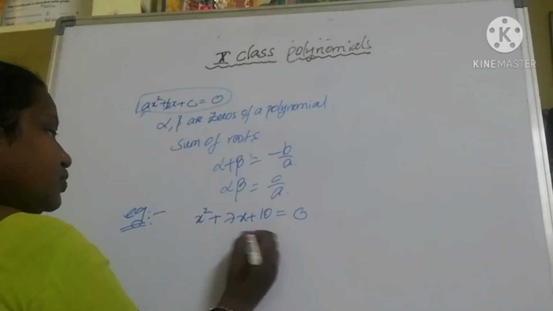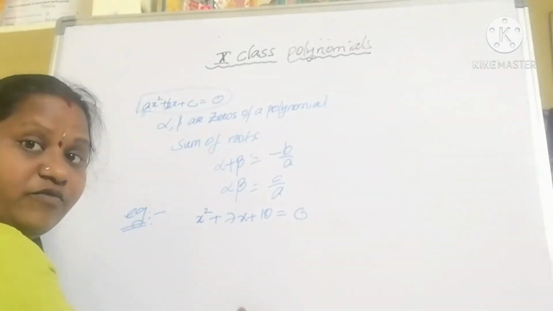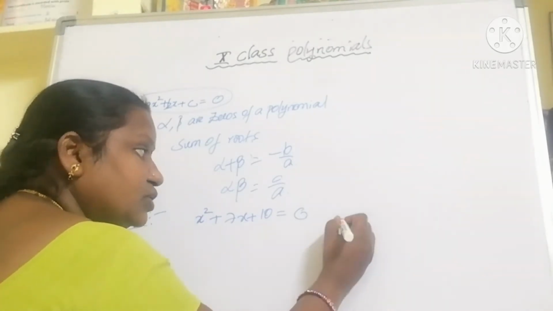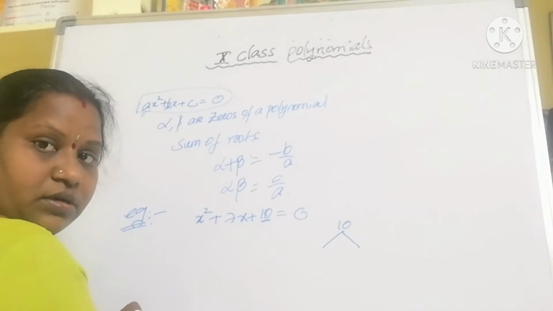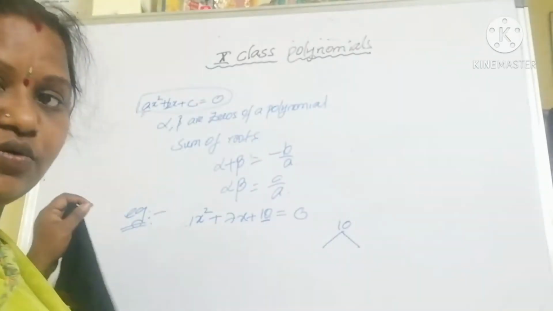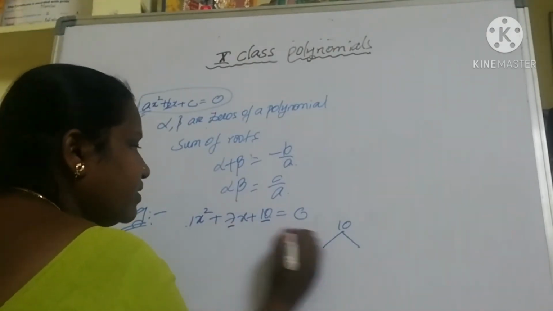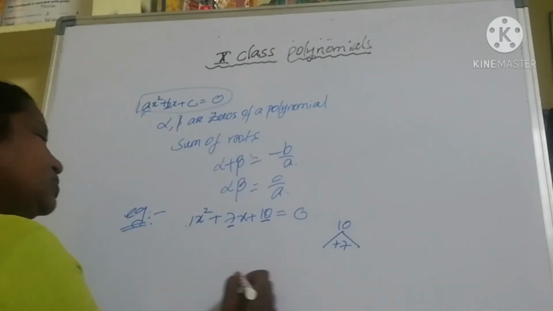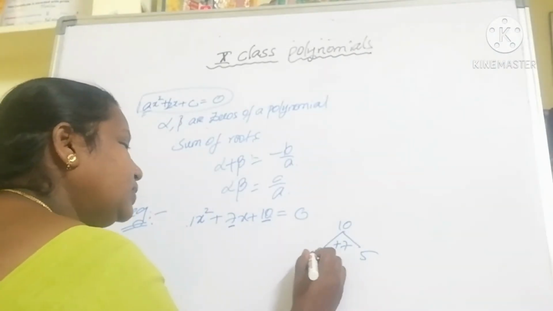So what are we going to do? This is a polynomial. How do we have to solve this? We will get two roots. If I multiply those two roots, I should get 10, and if I add those, I should get 7. So we have to take roots of that type: 1 into 10 is 10, and 2 and 5, 2 plus 5 is 7.